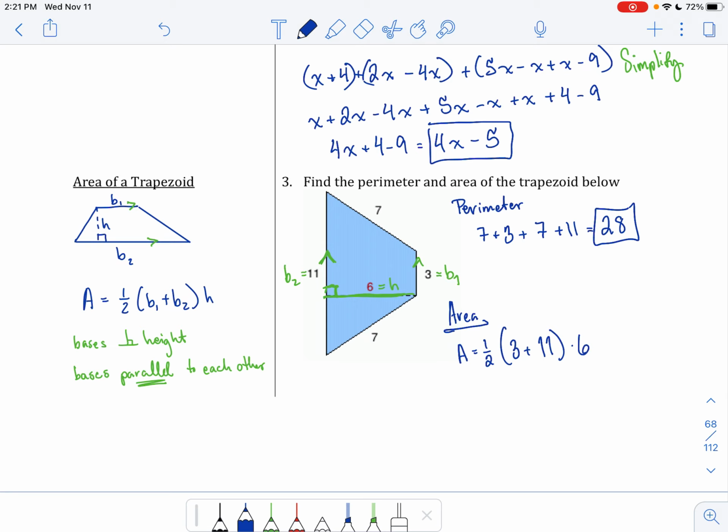So again, bases and height are not about vertical versus horizontal. They are about parallel and perpendicular. Going through there, we get 1/2 times 14 times 6. I'm going to do 1/2 times 14 first, which is 7, and that's equal to 42. Again, there's no unit, so I'll leave it like that.